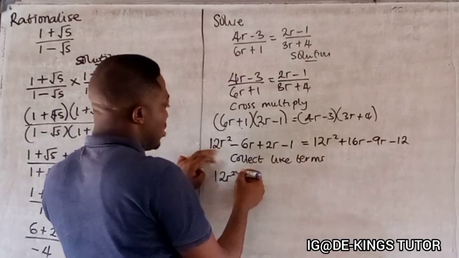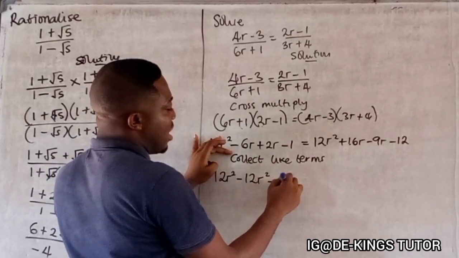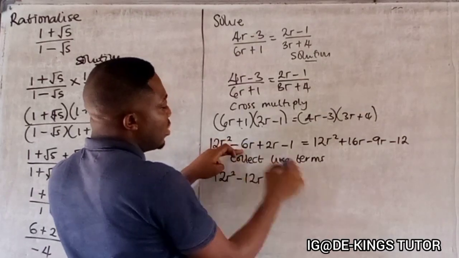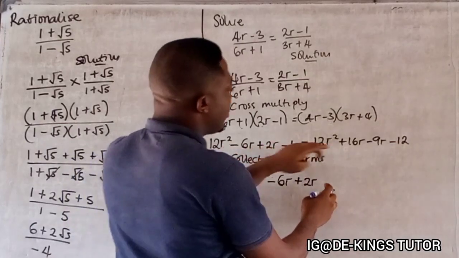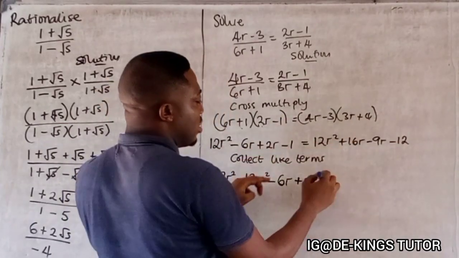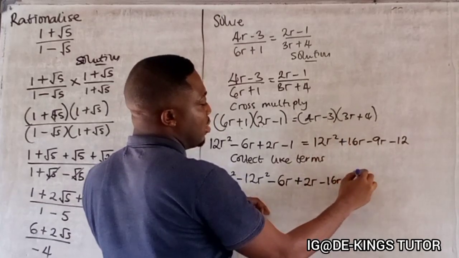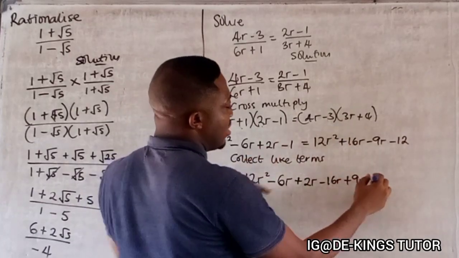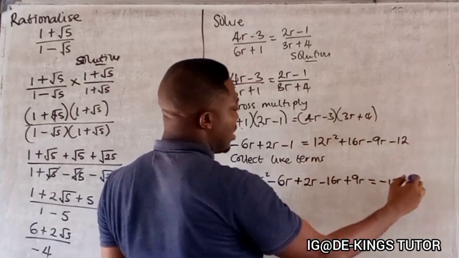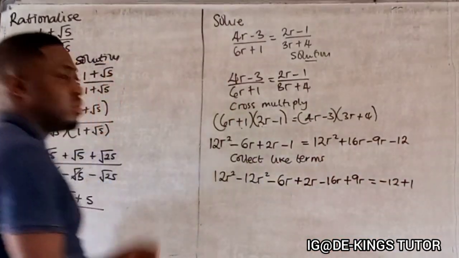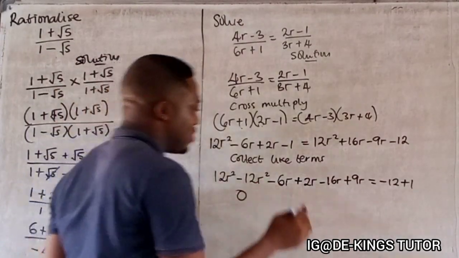Because we have minus 6r here plus 2r, bring this one minus 16r, bring this one plus 9r, then equal to, I will have minus 12 here, I'll bring this one plus 1. So this minus this is 0, it has cancelled itself.